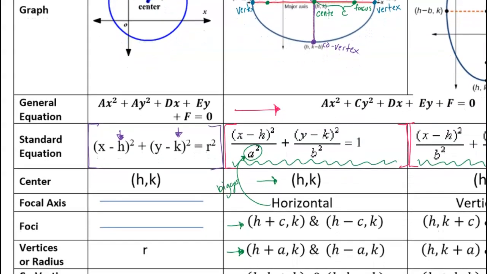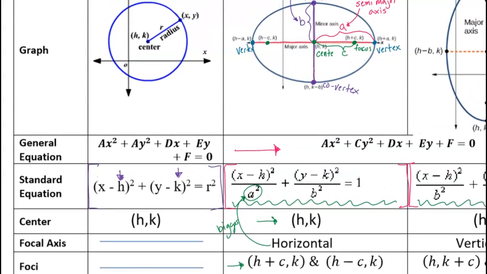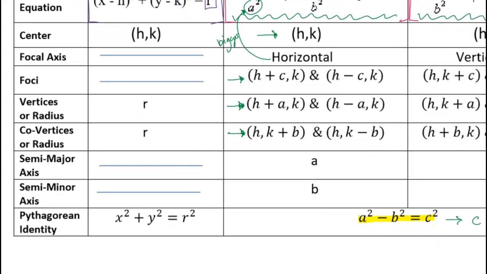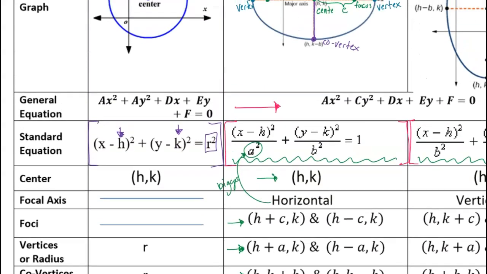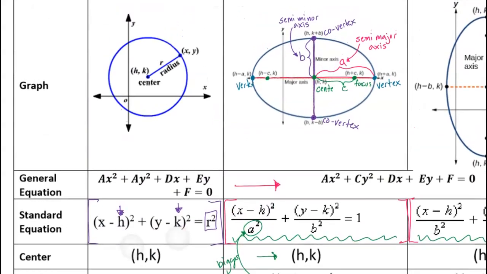Then also, the r is the radius, and a circle is always set equal to r squared. So if in our circle the radius had been 3, the standard equation for a circle would be set equal to 9, because we would have to square 3 for our standard equation. And that's about it for the general concepts of a circle.